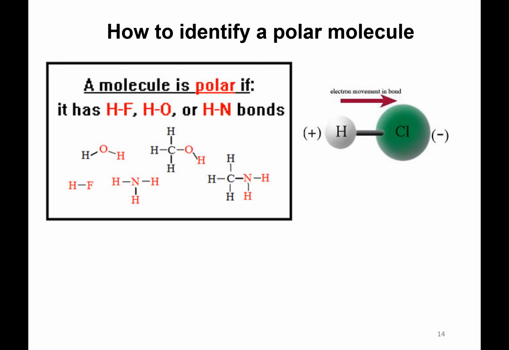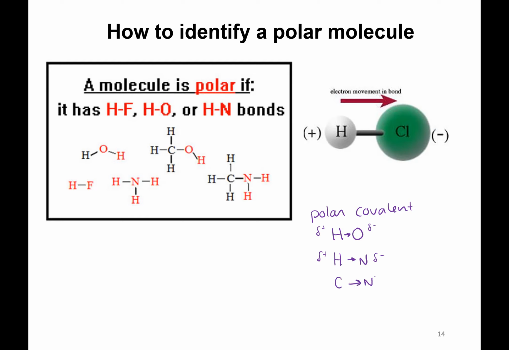The most important polar covalent bonds for biology are between hydrogen and oxygen. I'm going to draw it like this with a little arrow, so you know that oxygen is going to have the slight negative and hydrogen is going to have the slight positive. Hydrogen and nitrogen. These are forming the hydrogen bonds between the DNA base pairs.